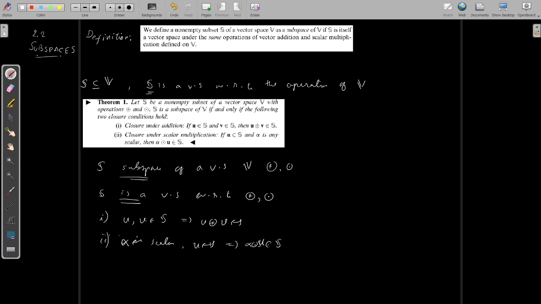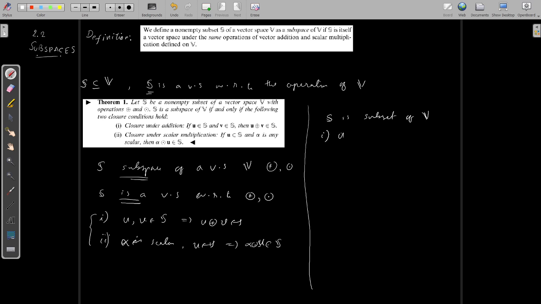Conversely, we will prove by assuming S is a subset of V with these two closure properties.